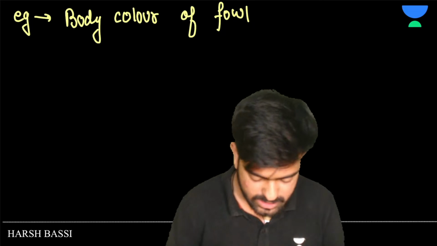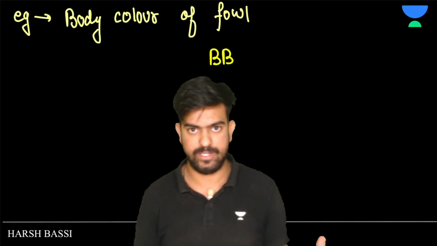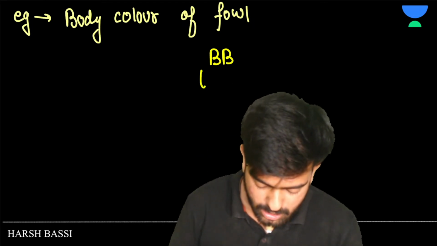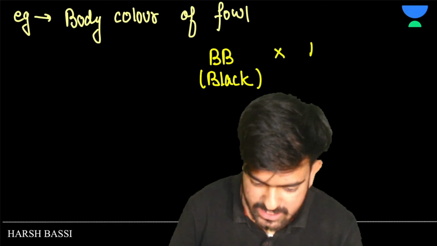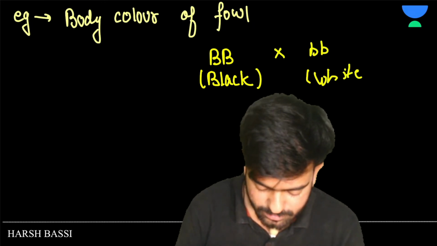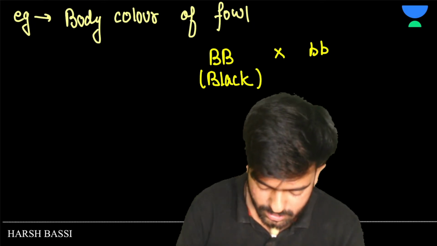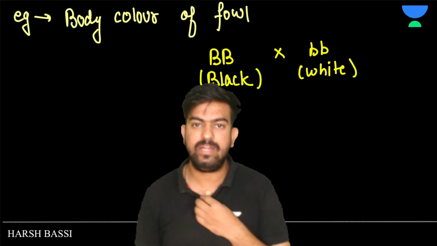Yes or no? How? See, let's suppose the parents were black, capital B. The parents were black, okay? And then we have a white cow, which was small b, which was white, right? Now make the gametes. What gametes will be formed?